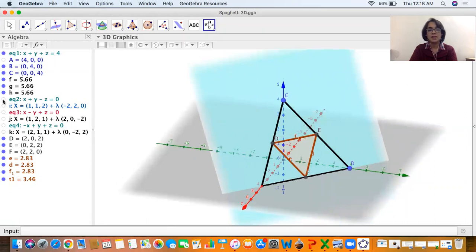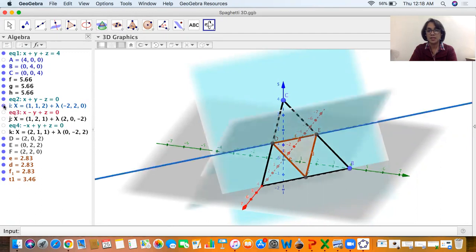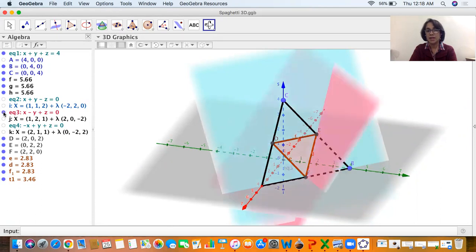Now when we take the plane x plus y minus z equal to 0 and its intersection with x plus y plus z equal to L, we get this blue line. Similarly, if we take the plane x minus y plus z equal to 0 and its intersection with the same plane, we get another line.